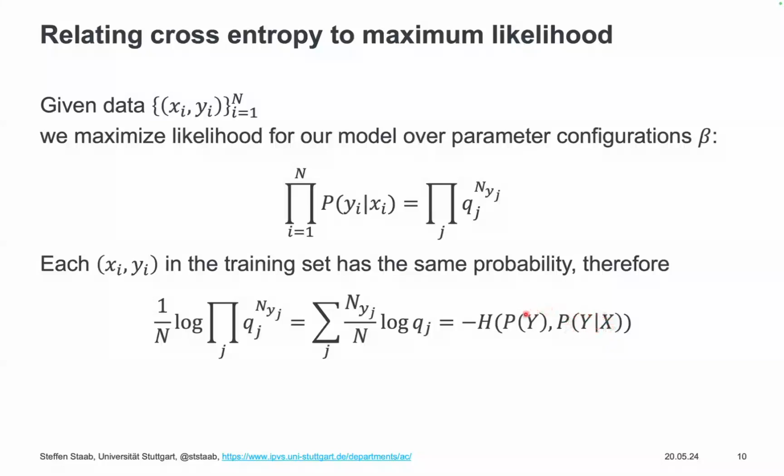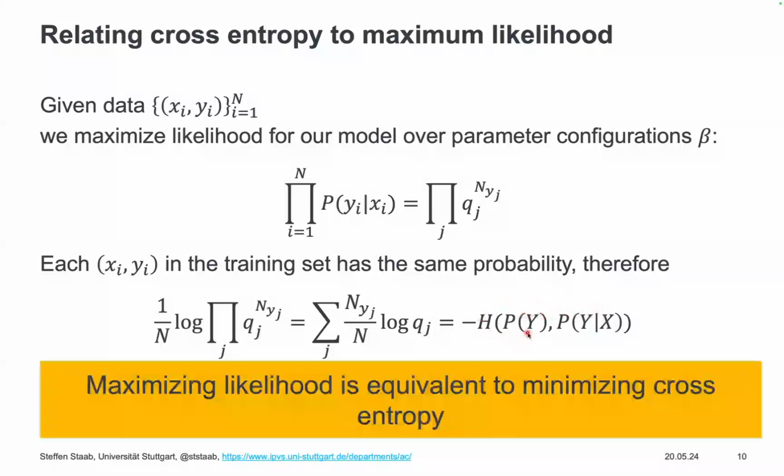And when I basically have the same distributions here, this means, of course, that I have a very small difference. The cross entropy is never smaller than the entropy of P of y itself. So maximum likelihood optimization is equivalent to minimizing the cross entropy. That's what I say here on this slide.